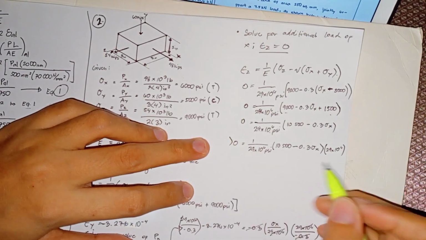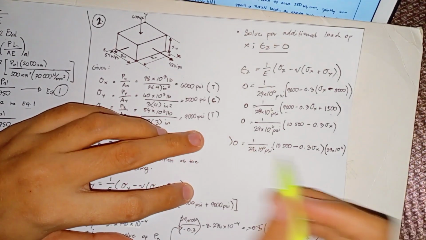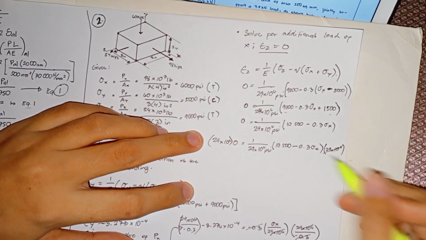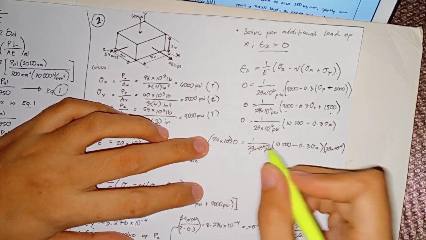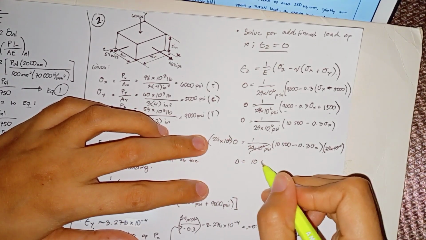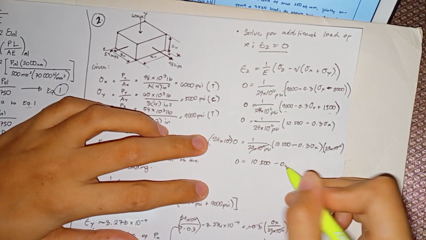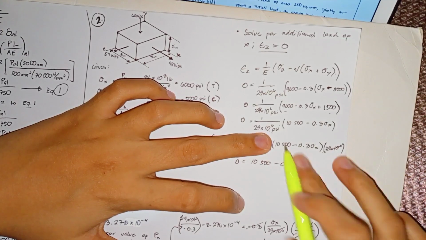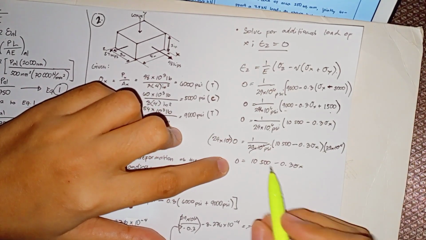Hindi na magkasya yung PSI. Pag multiply din tayo, kasi kung ano yung multiply natin dito, dapat same sila sa kabila. So, 29 times 10 raised to 6, cancel natin. Ito siya, same 0 lang. So, parang nawala lang siya. Ito lang kakopy natin. So, that is minus 0. Okay. Diba parang tinanggal lang natin siya and kinuha lang natin yung sa parenthesis.